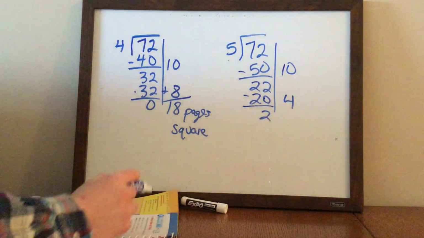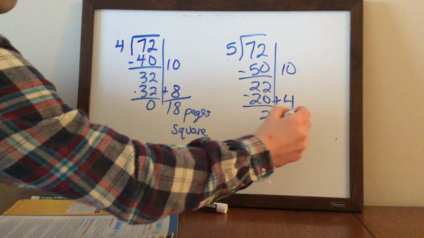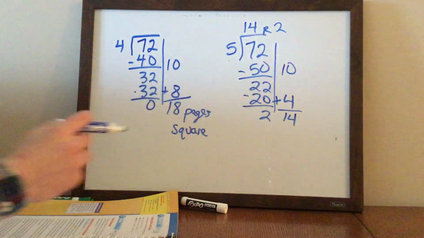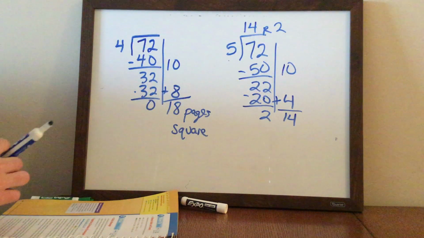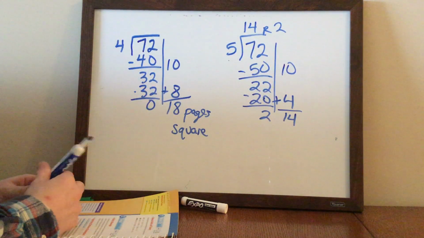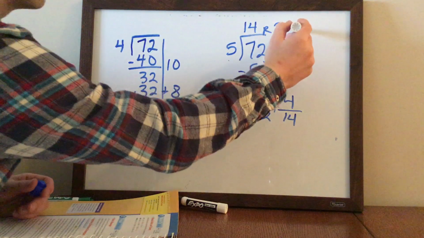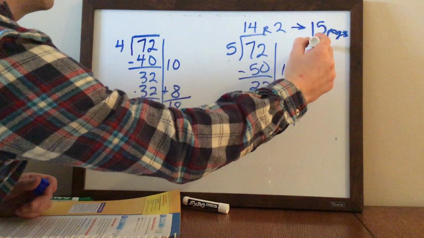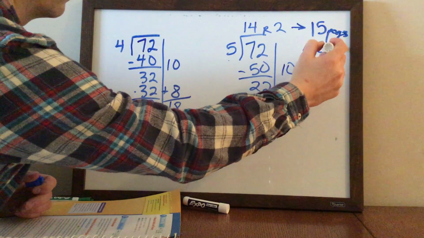And I have 2 left over. So if I write this out, that's 14 remainder 2. I realize, wait a second, I have 14 pages with 2 cards left over. So what do I do with those 2 cards? I'm going to get 1 more rectangular page to get 15 pages. And that's for the rectangle.